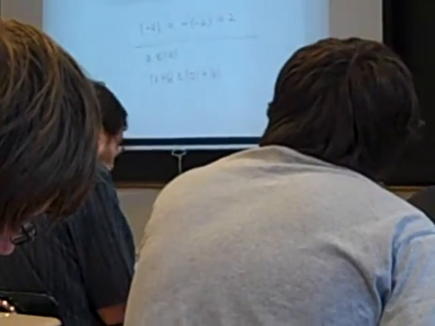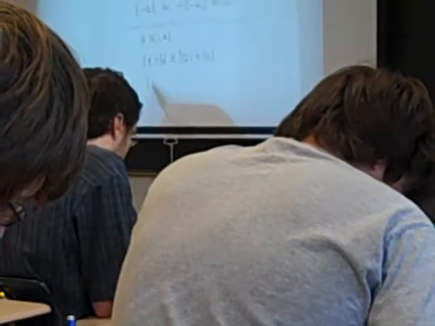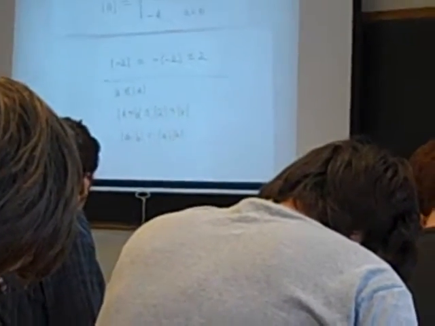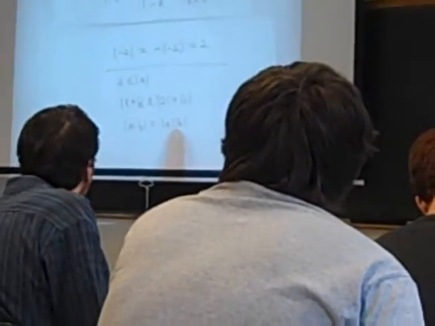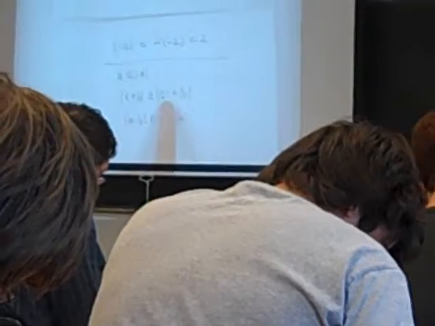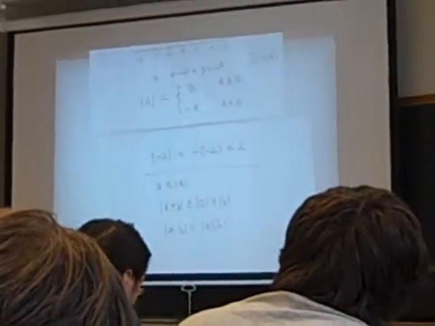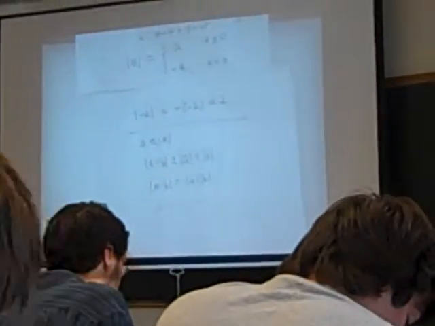This is called the triangle inequality. Also, the absolute value of a times b equals the absolute value of a times the absolute value of b. You just take the absolute value of each one. But for addition, it's not true. You need to be careful with this. And the rest I'm not going to mention.